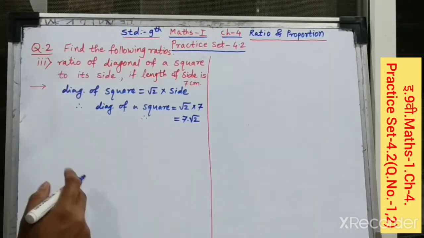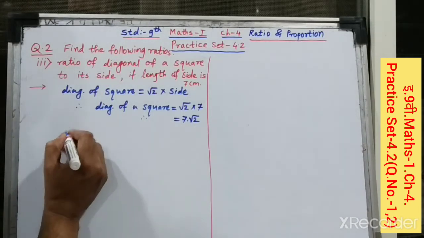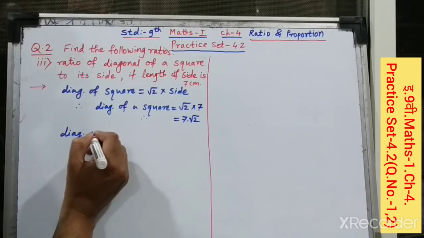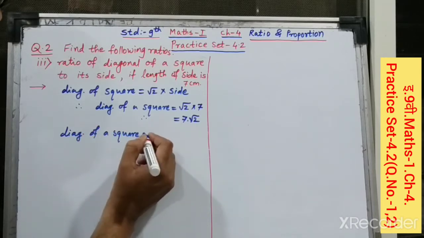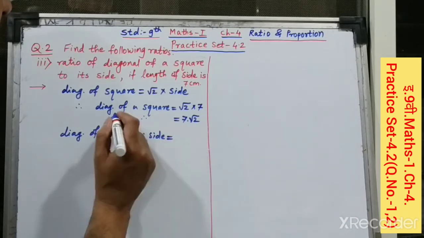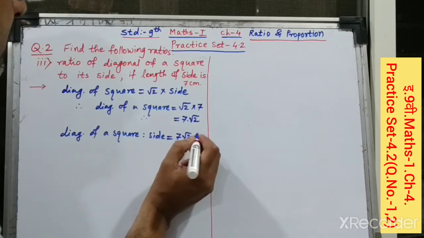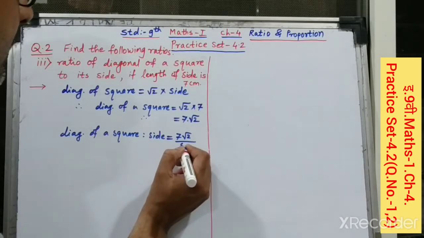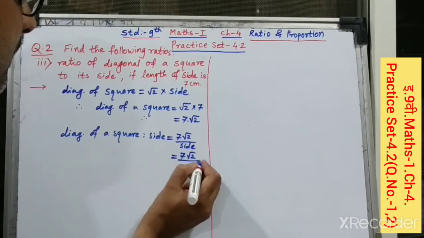Now we have to take the ratio of diagonal of a square to its side. So the ratio is diagonal of a square to its side, so is equal to diagonal of square is 7 root 2 upon side, and side is 7.